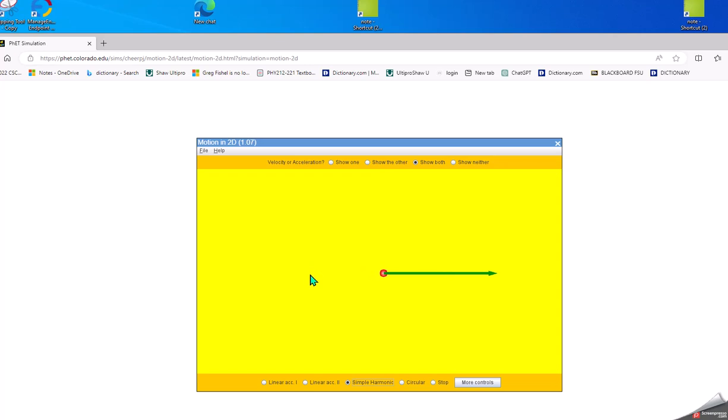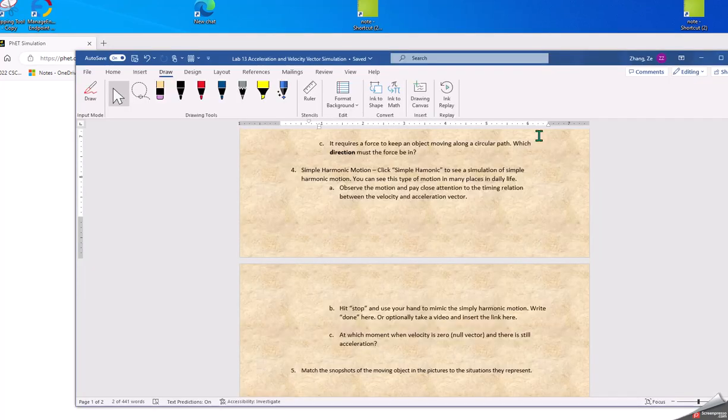At the maximum point, the velocity is 0 momentarily, only for a moment, then it goes in the other direction, and the acceleration is maximum at either side. So at the point where the velocity is 0 on either side, there's a big acceleration but 0 velocity, only for a moment.